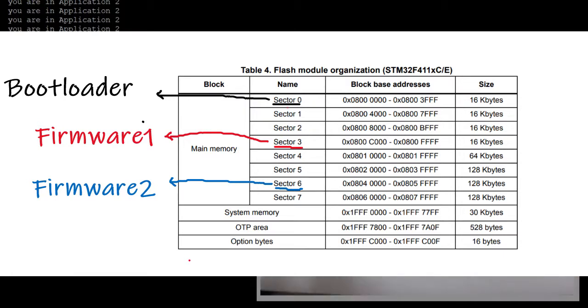But by default, when the microcontroller is configured to boot from flash memory, the controller boots from the address 0x08000000, which falls in sector 0. So here at sector 0, I need to write a code that will ask me which firmware I want to be running at that particular instance, and the microcontroller should boot from that particular sector.